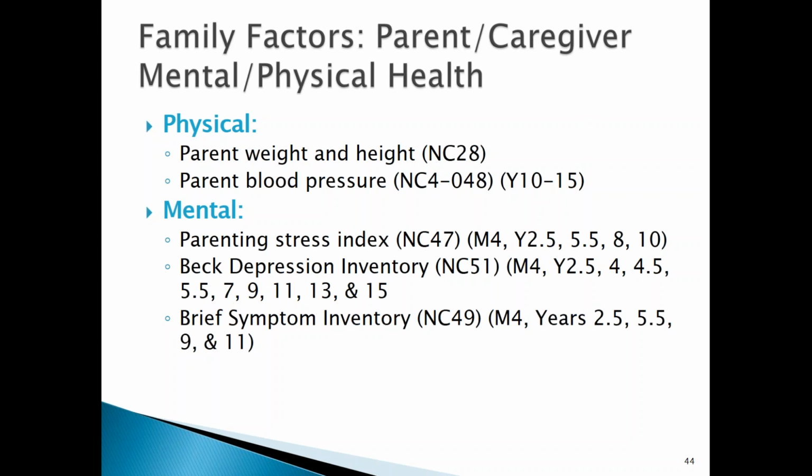They're also, in years 10 to 15, specifically a form on parent blood pressure. In the more mental health area, there are some measures of things like parenting stress. That's at several time points. The Beck Depression Inventory or the Brief Symptom Inventory will give you some information about the caregiver mental health.